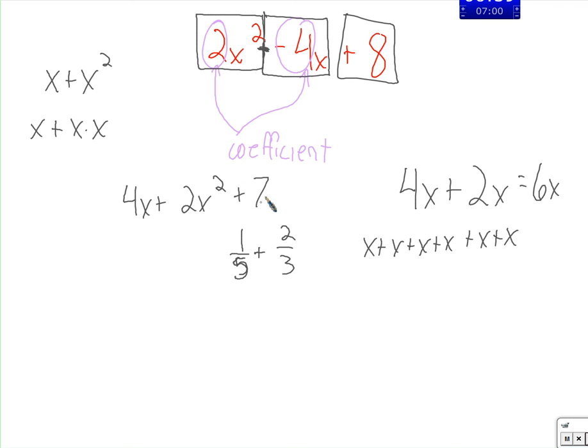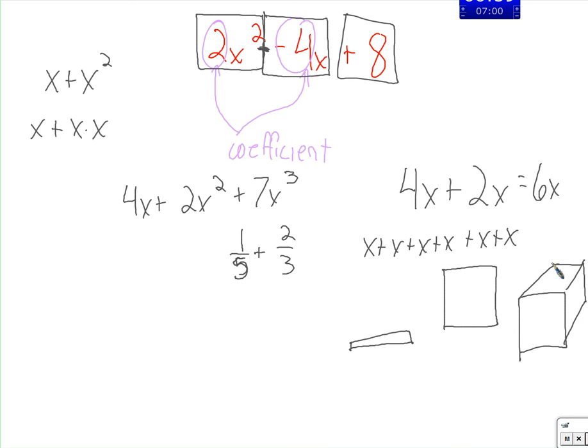And if I had 7x cubed, if this is a meter stick, this is a square meter, like an area. What would meter cubed look like? It gives a third dimension. Here we get 1 dimension, 2 dimensions. A third dimension would mean that x cubed is like a box, like a volume.